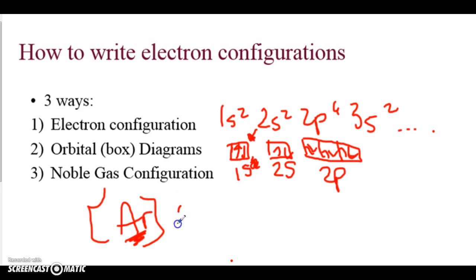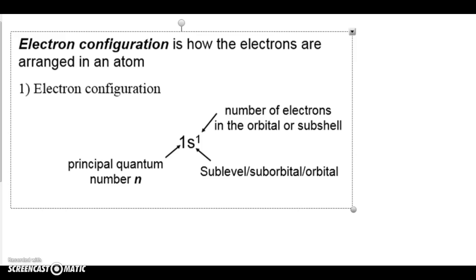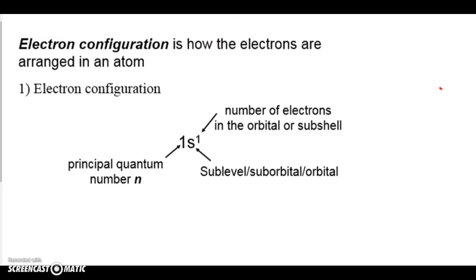Then we'd start after argon, which would be 4s2, so that would be calcium. Okay, so you have to know the difference between those. When we're talking just the electron configuration, it's the principal quantum number, sublevel, and number of electrons in that sublevel, in that orbital.